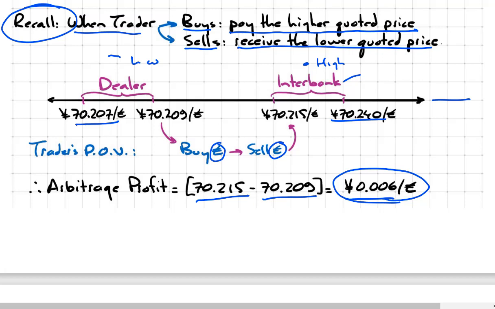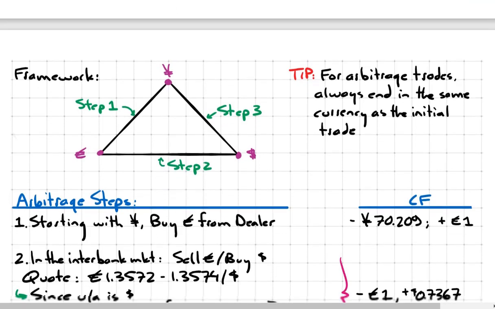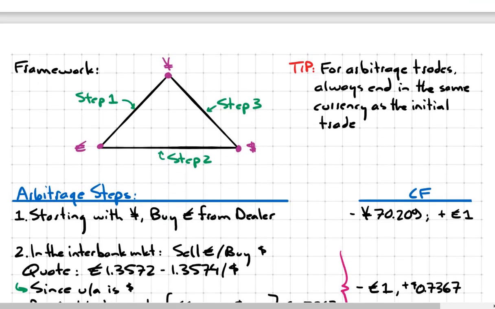There it is, right? So there's your final answer. However, you still need to know the step-by-step process. And that's exactly what I'm going to take you through now. And this is why it's referred to as triangular arbitrage, because you really have three currencies. So that's where the triangle comes from.